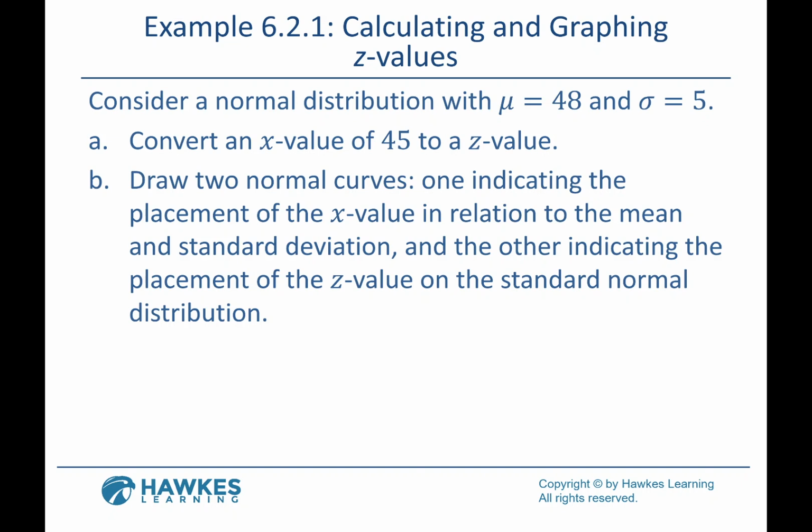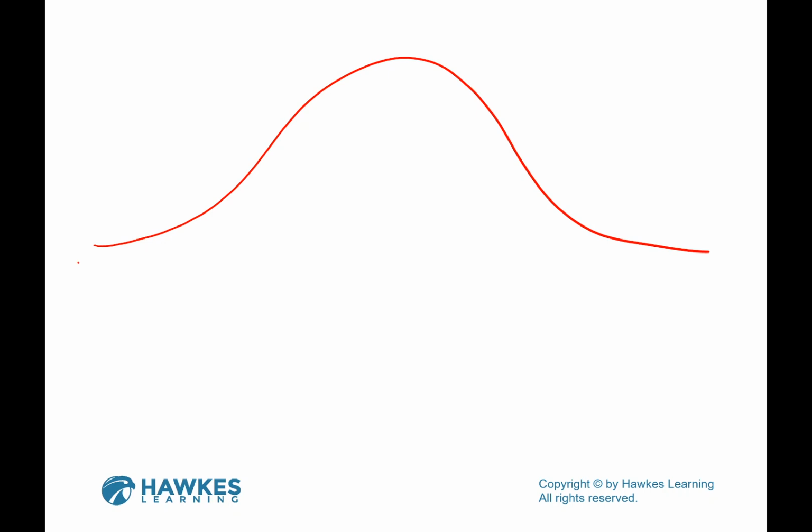So the way we do that, this is our x, and there's our mu, and there's our sigma. So what we're given is that there's some normal distribution. It has a mean of 48, so that's the number in the middle, and a standard deviation of 5.